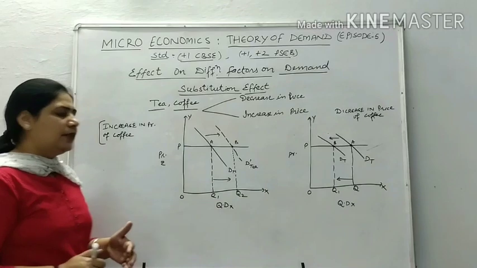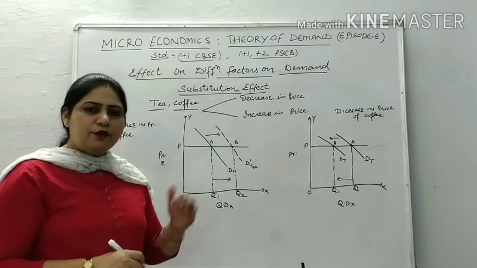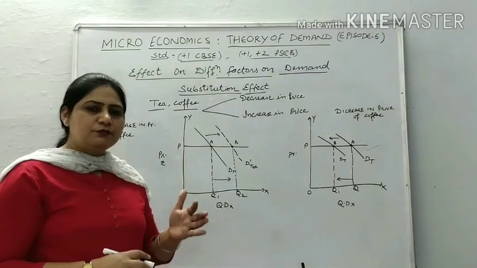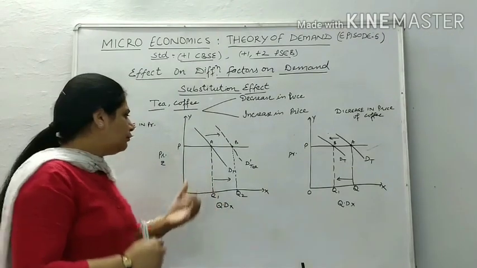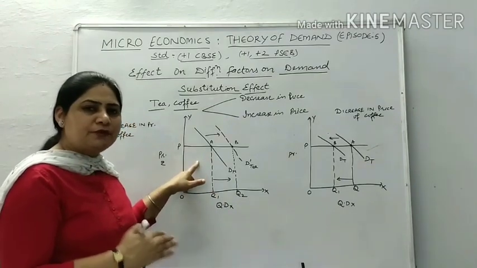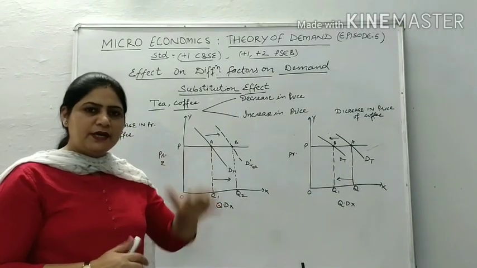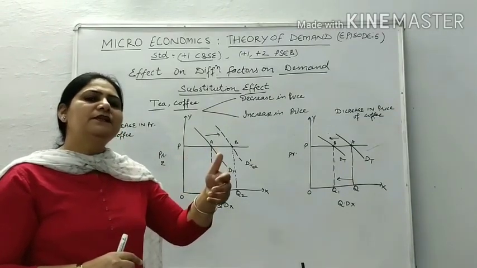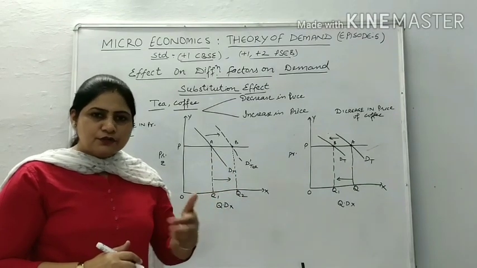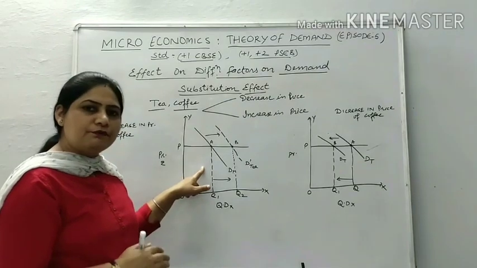Think about it: when there is an increase in the price of coffee, according to the law of demand, consumers who are consuming coffee will shift to the purchase of tea. They will decrease the consumption of coffee. The quantity demanded of coffee will decrease when there is an increase in its price. But those customers will shift towards the demand for tea.